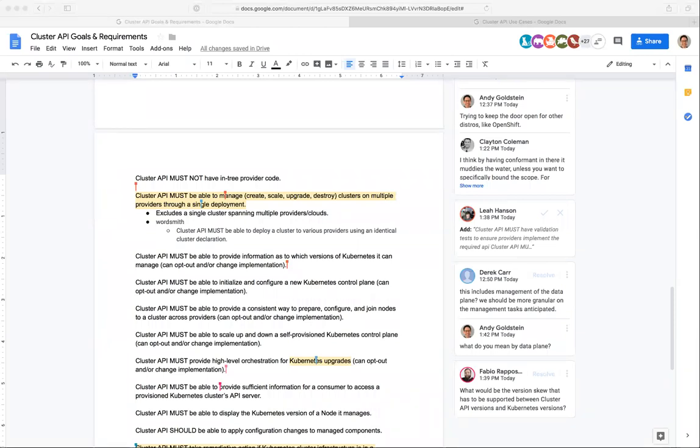Whether that's a managed service provider that's providing Kubernetes as a service to users, or some existing type of installer or management tooling that wants to adopt Cluster API, or any other type of high-level tooling that would want to use Cluster API and provide a much more opinionated use case from that. So I do think we need better wording around the upstream implementation must be able to do something, versus something that should be able to be opted out of by downstream users.